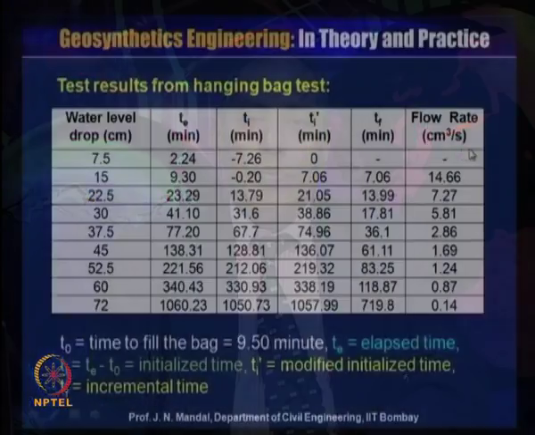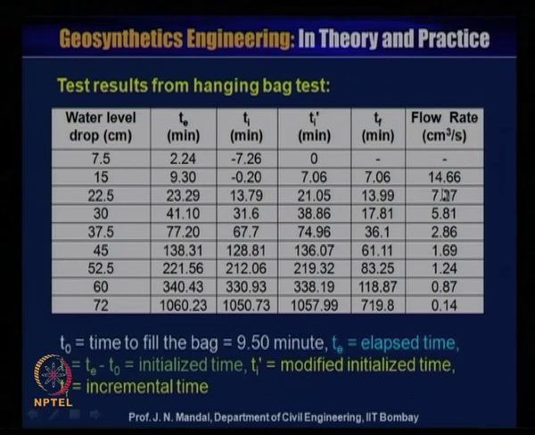Here the flow rate at this level is 14.66 centimeter cube per second, and then gradually you can see the flow rate reducing: 7.27, 5.81, 2.86, 1.69, 1.24, 0.87, and 0.14 centimeter cube per second.